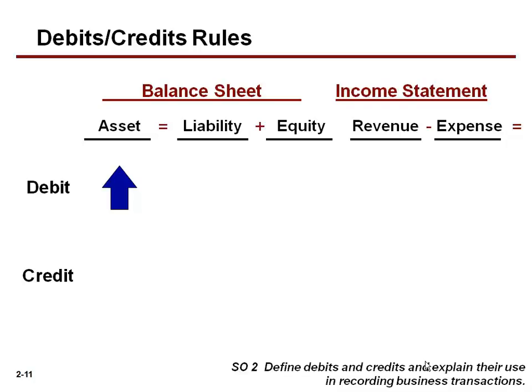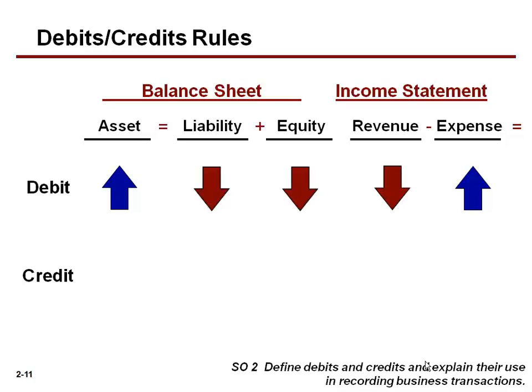Assets are increased with debits. Expenses are also increased with debits, but expenses appear on the right-hand side of the accounting equation. They belong to the equity category. Again, a debit to an expense account has the effect of reducing the equity category value.